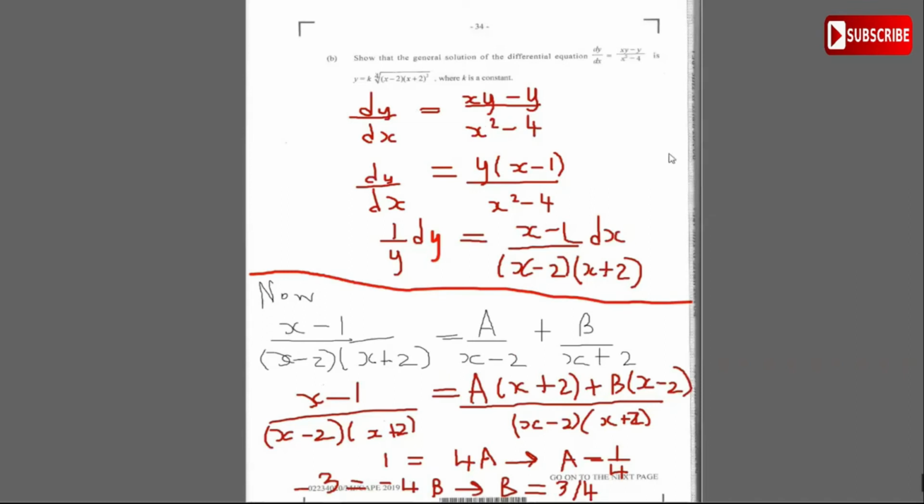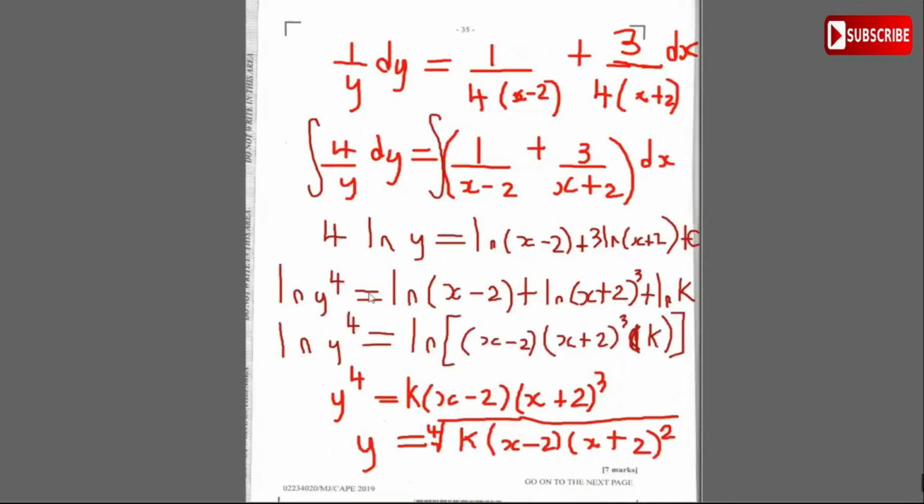The k is on the outside right here. So what you can do is use surds and break this up as the quart root of k times the quart root of this. Since that's how they want their answer, we can break this up as the quart root of this times the quart root of our k.